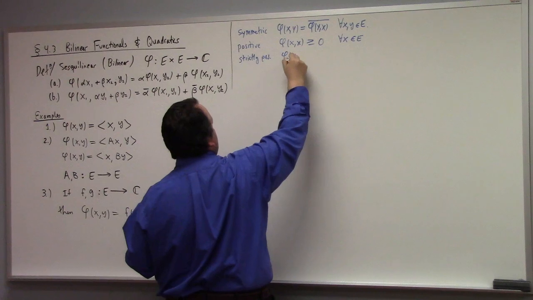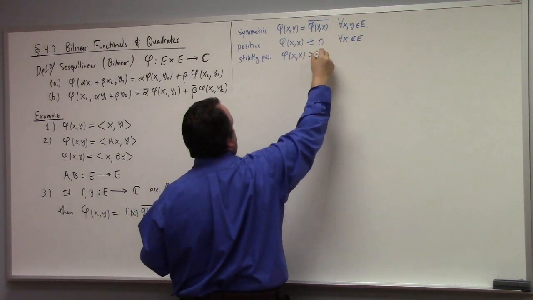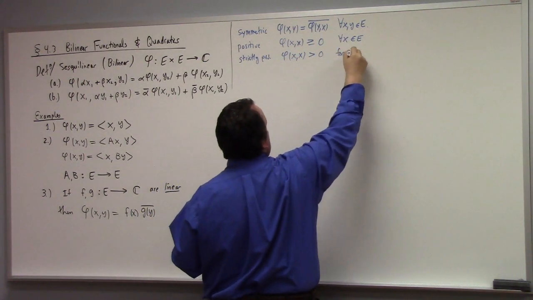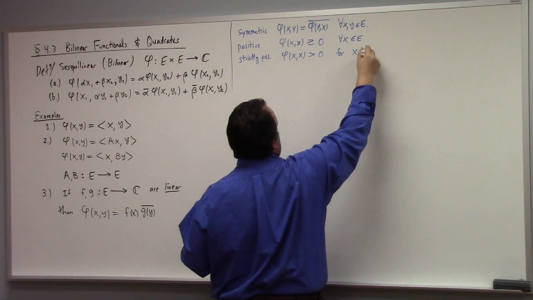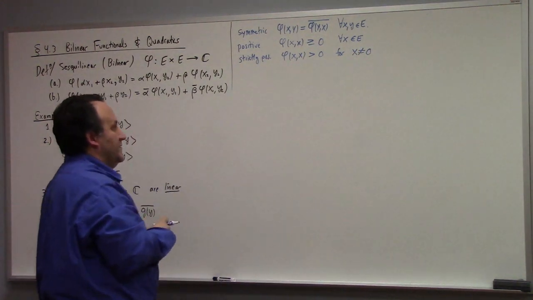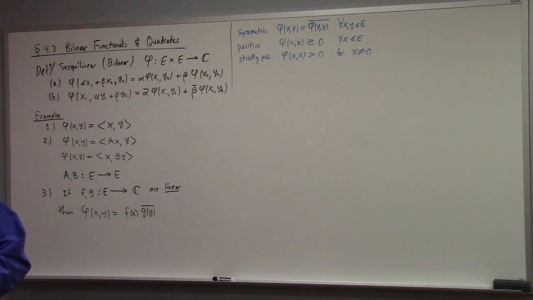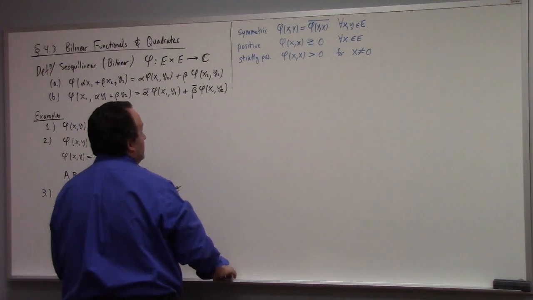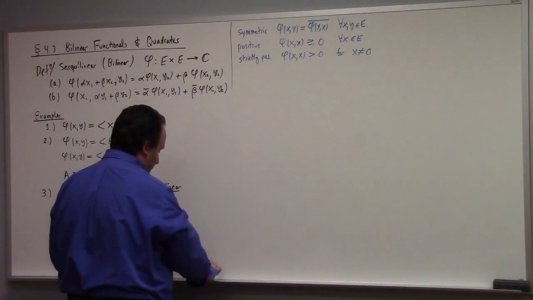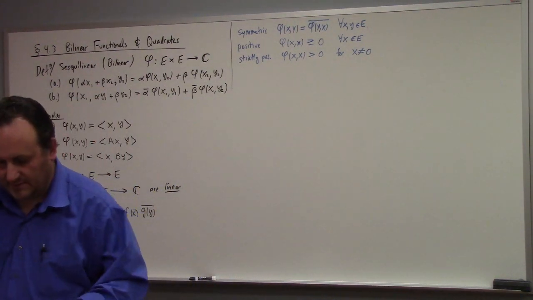Yeah, phi of xx greater than 0 for x not equal to 0. Of course, phi of 0 0 has to be 0 because of the bilinearity. And then he defines what's a bounded bilinear form. How's that gonna be defined?